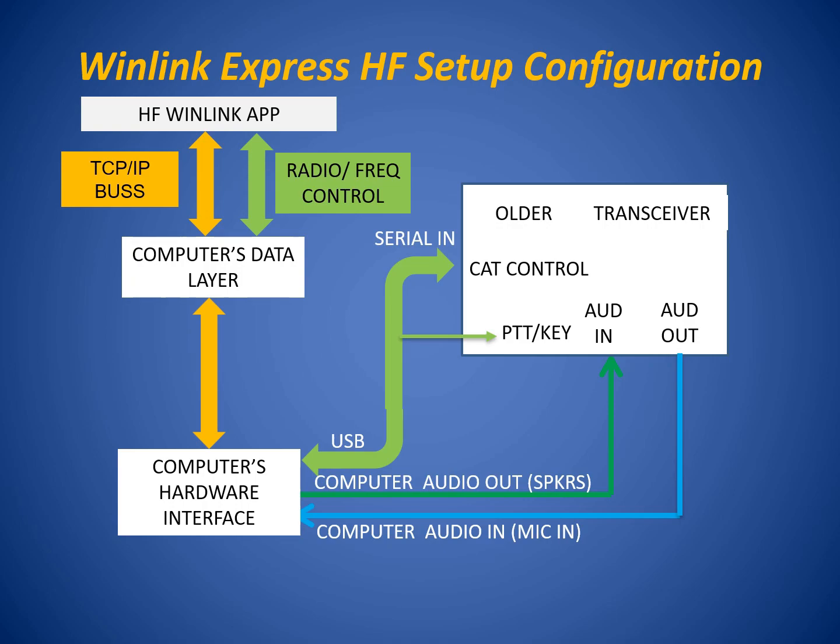It takes the USB data and through a USB to serial converter, converts that USB data to CAT control and PTT. So you use the speakers out and the mic in from the old transceiver, and that's how you manipulate the audio in and out for Winlink HF.